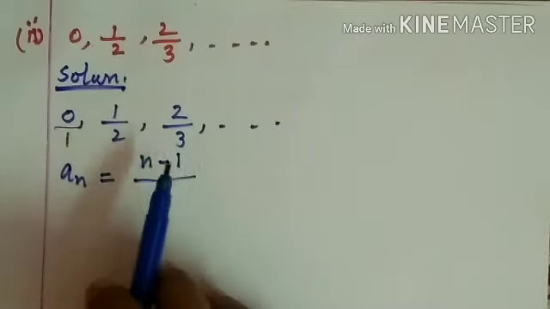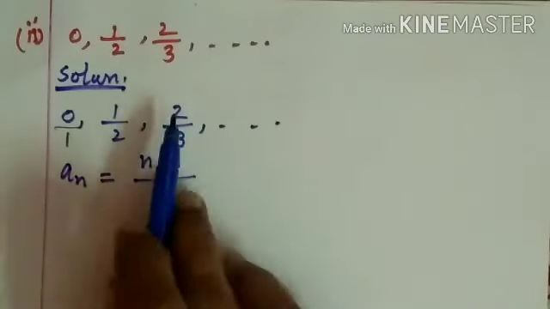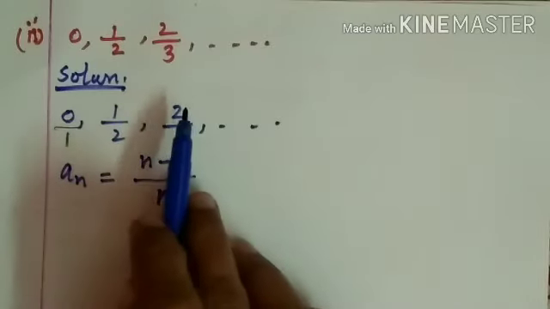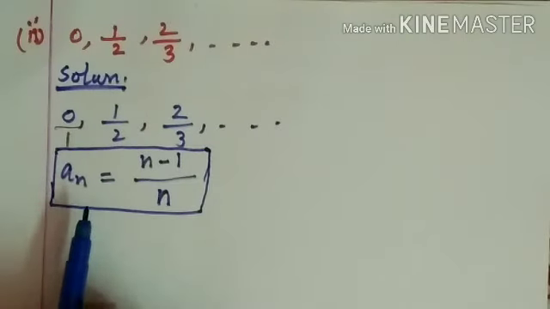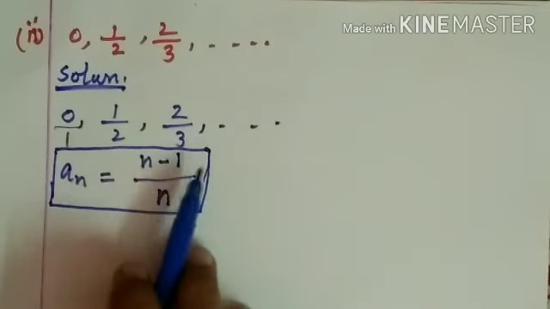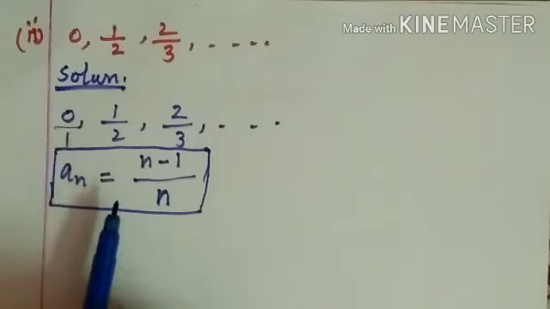Then for n you take 3, means 3 minus 1, 2 by 3, that is the third term of the sequence. Therefore, the nth term of the given sequence is an is equal to n minus 1 by n. This is the general term of this sequence.